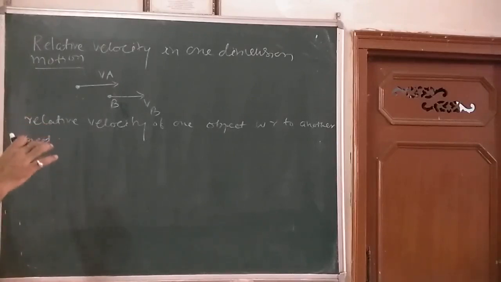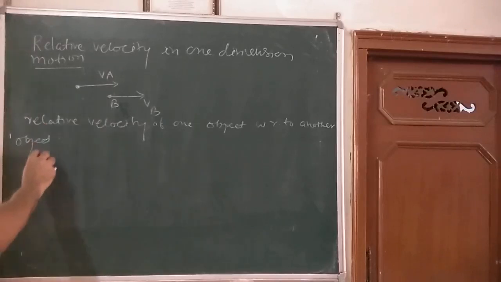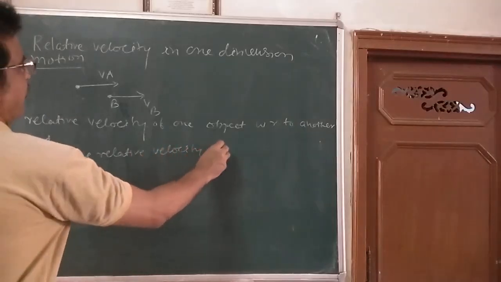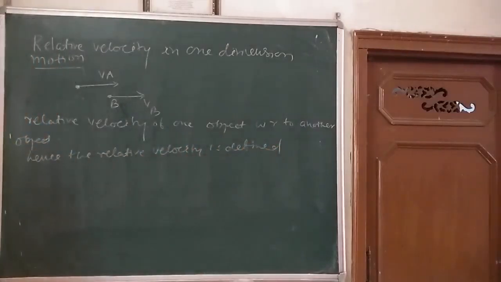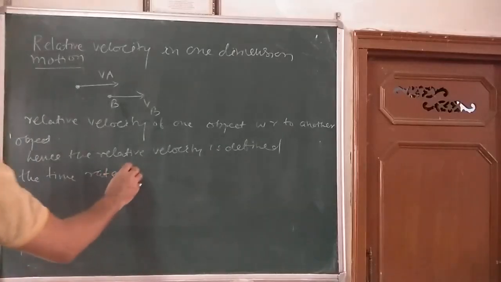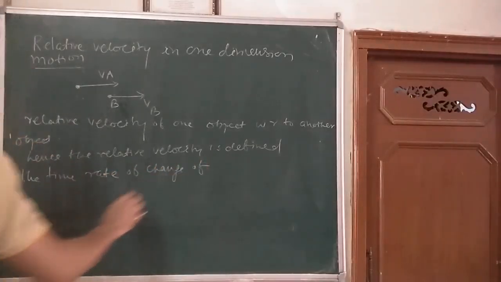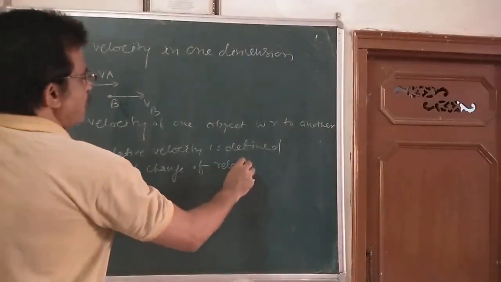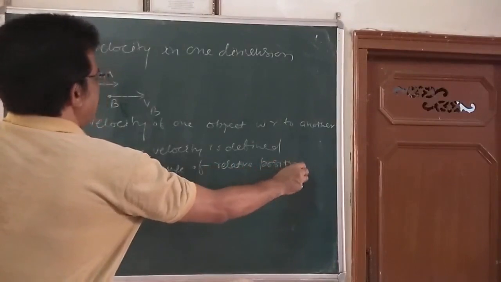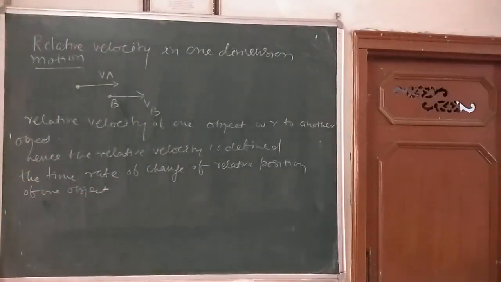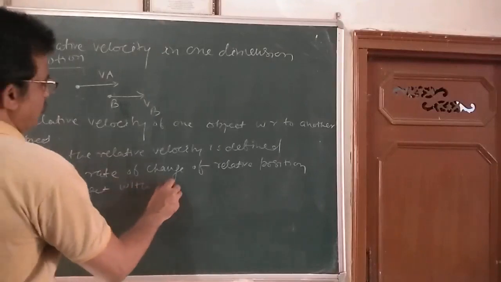Hence, relative velocity is defined as the time rate of change of relative position of one object with respect to another.